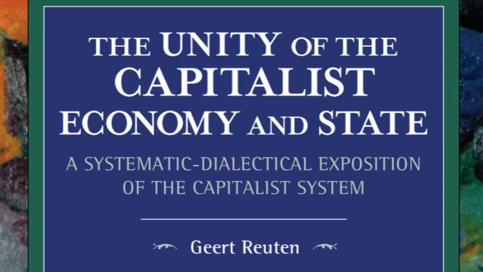The aim of this book is to systematically identify the interconnections and manifestations of the full range of those economic and political relations, institutions and processes that are necessary for the continued existence of the capitalist system, that is, the capitalist economy together with the capitalist state. In doing so, the reader will be equipped with an outline of the constitution and functioning of the capitalist system.